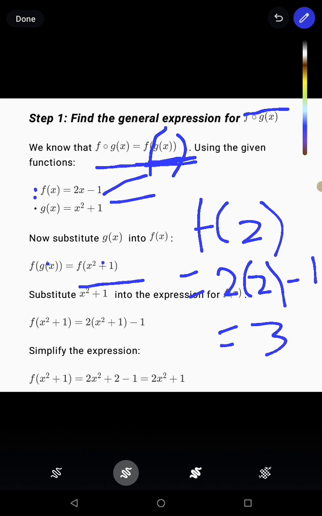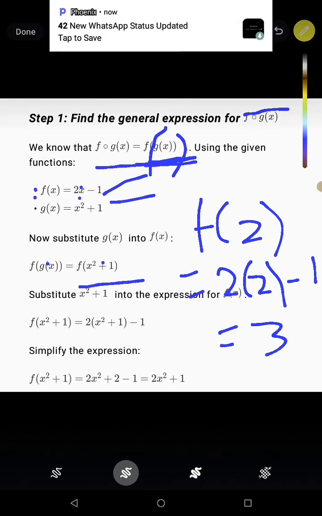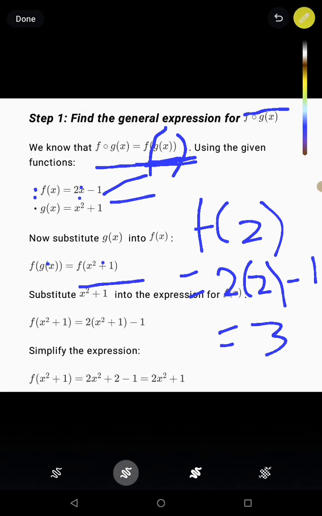Now, f of 3: anywhere you see x in that relation, all you need to do is put 3 there. So that's going to be 2 times (3) minus 1. That's 2 times 3, 6, minus 1, 5. f of 7 is 2 times 7, 14, minus 1, 13.